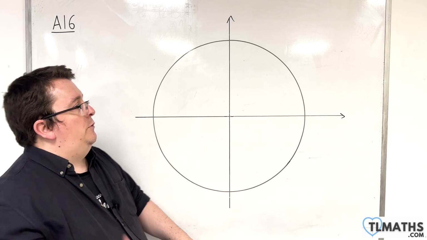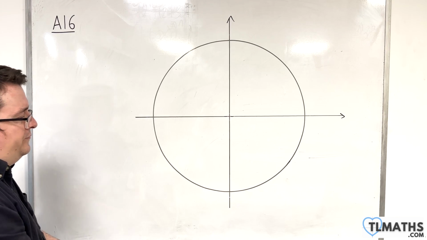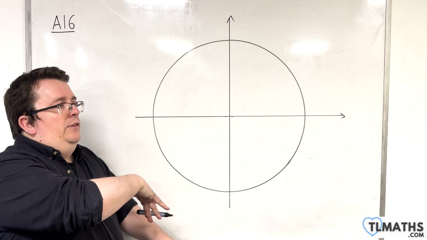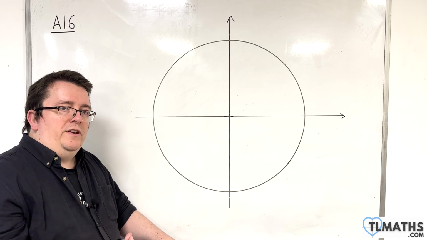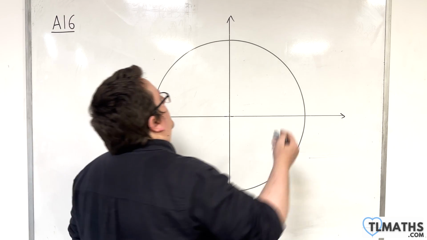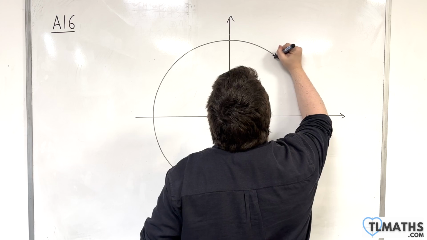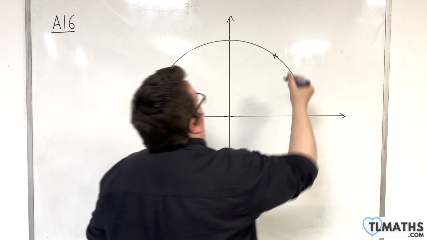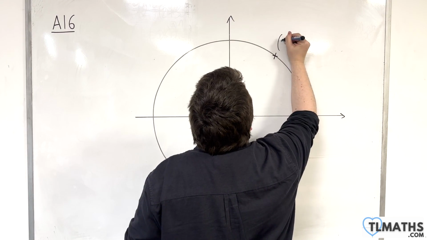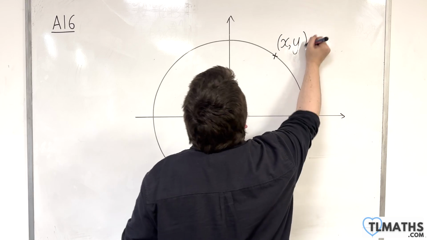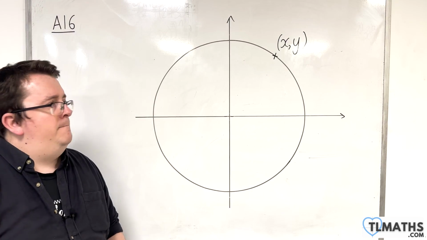Okay, so let's start off with this. So if there is a pair of coordinates, x, y, so that they lie on the circle. So let's say here is a point, and this point has coordinates x, y. Okay?